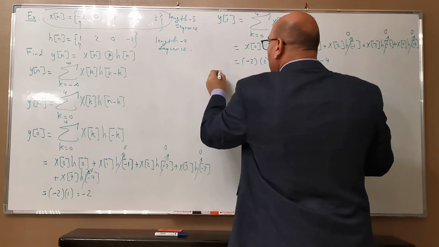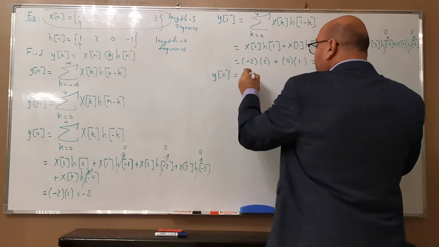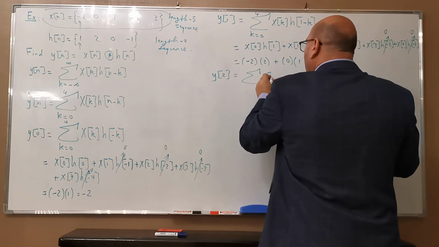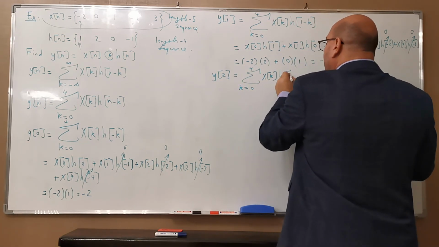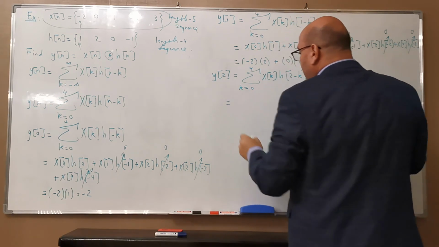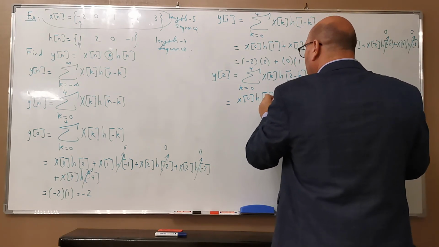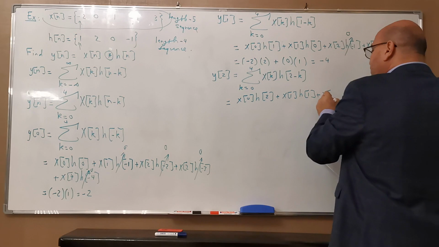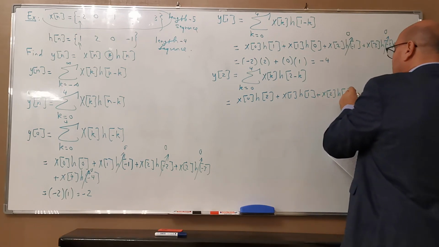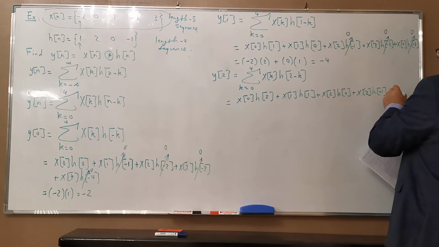Y of 2. Y of 2 is equal to summation x of k from k equals 0 up to 4, h of 2 minus k, and this is also equal to x of 0, h of 2 plus x of 1, h of 1 plus x of 2, h of 0 plus x of 3, h of minus 1 plus x of 4, h of minus 2.